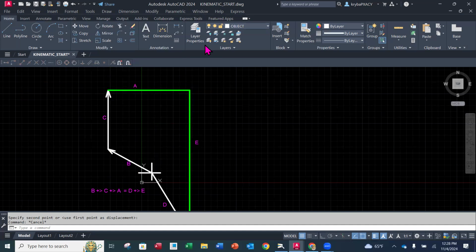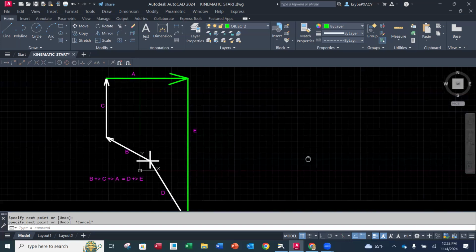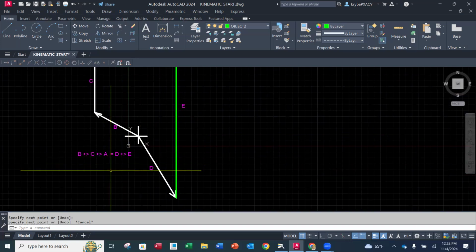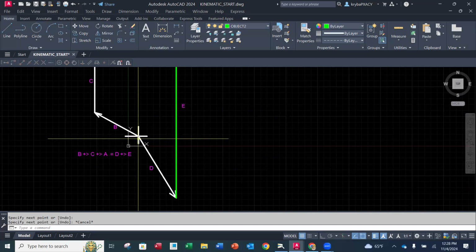So I'm going to go back to my object layer 2, and I'm going to draw the arrowhead going to the right for A. Okay. The same thing for E. We cross the equal sign. That means we start back at the origin. The tail of D is going to start there.